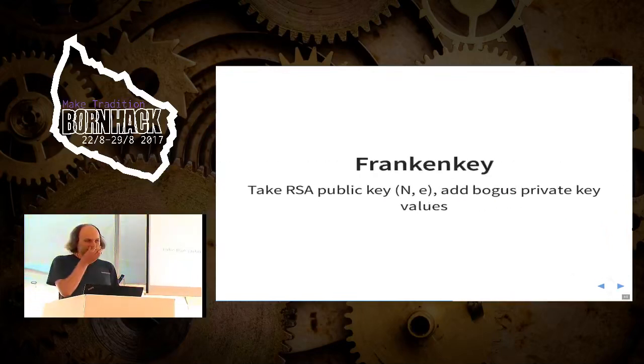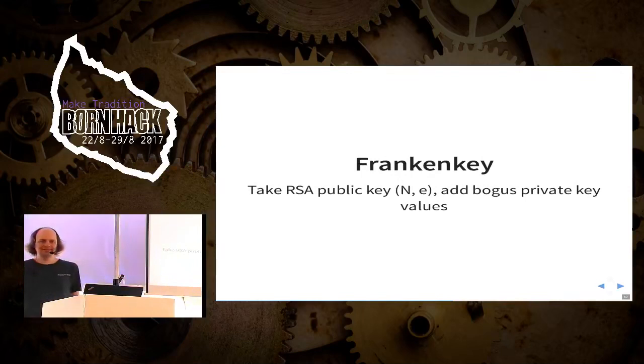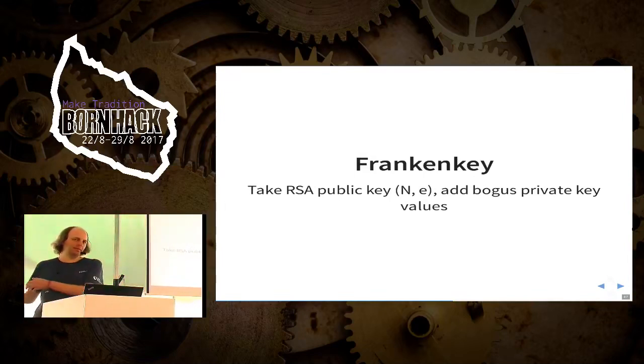Because what you could do is create what someone has called a Franken key, where you take the public values from a public key and then just add some bogus private key values. So we end up with a key that looks like a private key belonging to a public key, but isn't. And I tried that and uploaded such a key.